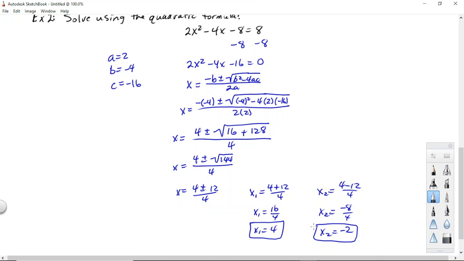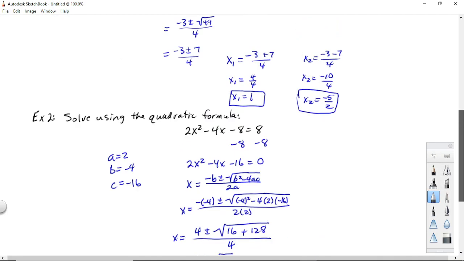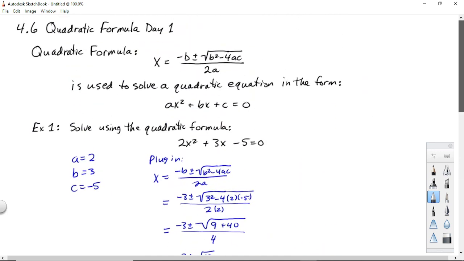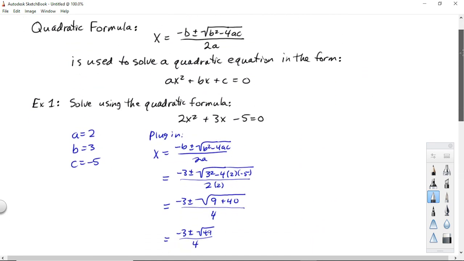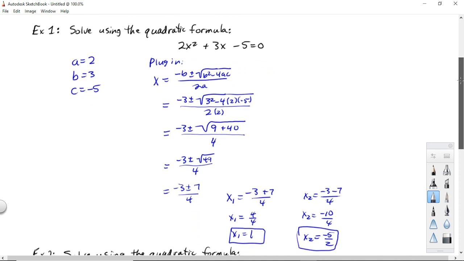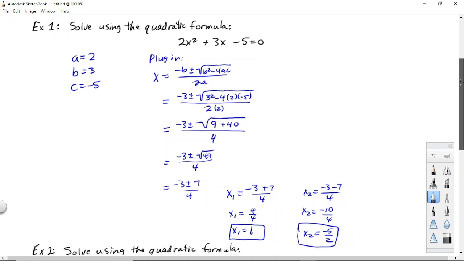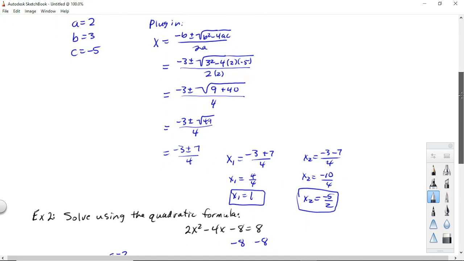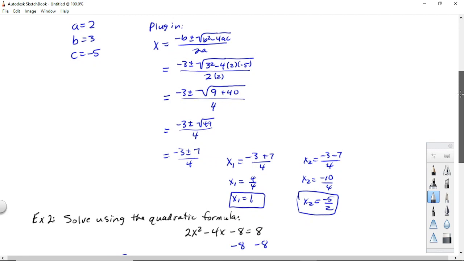Another thing to notice is both of these examples, we did not use our skills we've been practicing lately for simplifying radicals, or for dealing with the imaginary numbers when you have a negative inside the radical. So in the first one, we had the square root of 49 was 7. That was nice.